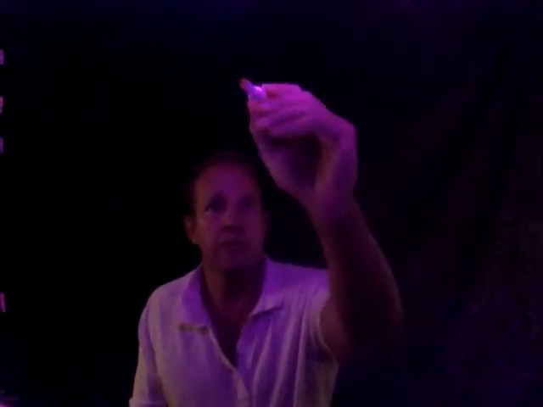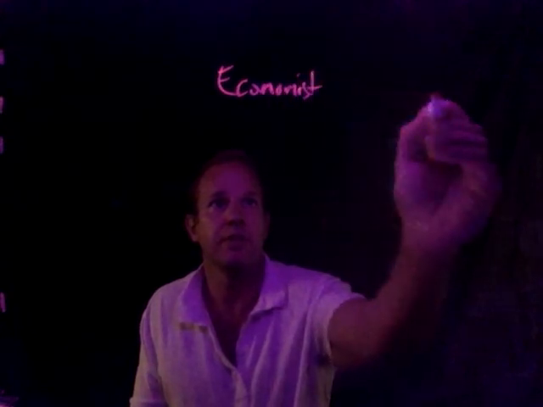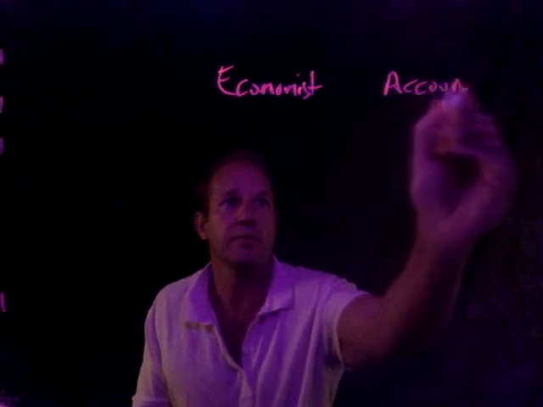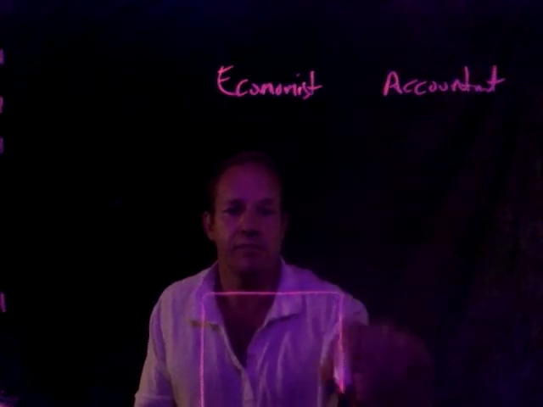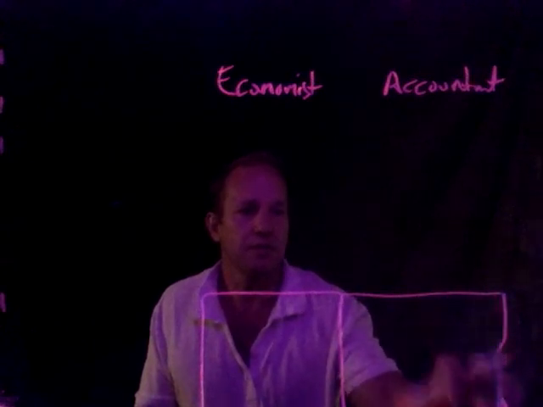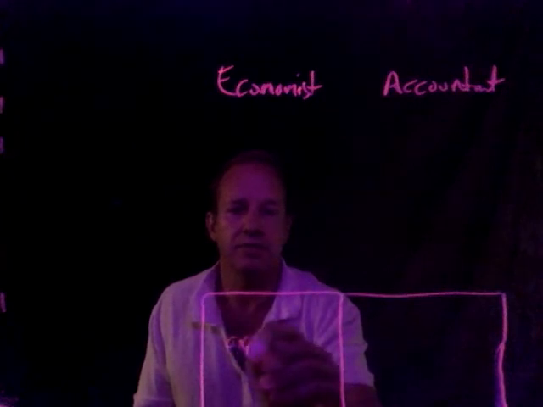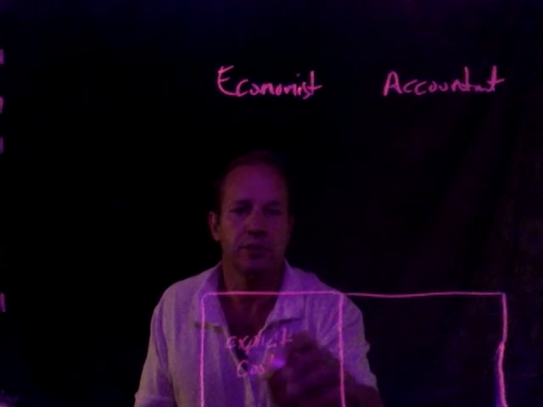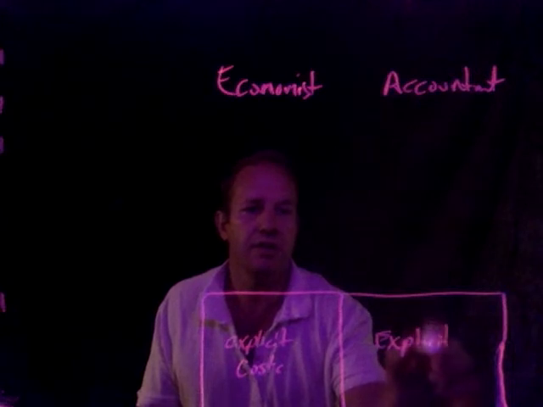Another way we could look at that would be like this. Here's how an economist views the firm. Here's how the accountant views the firm. Let's say this height will be the same for both of them. These are explicit costs. These are the bills of the firm. There are receipts for these things. There's a paper trail for these things.